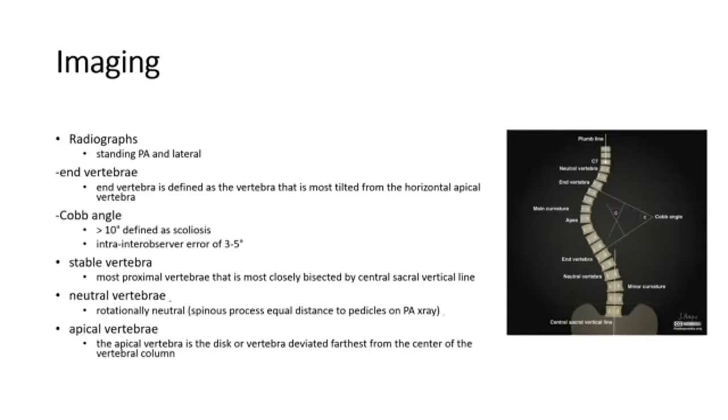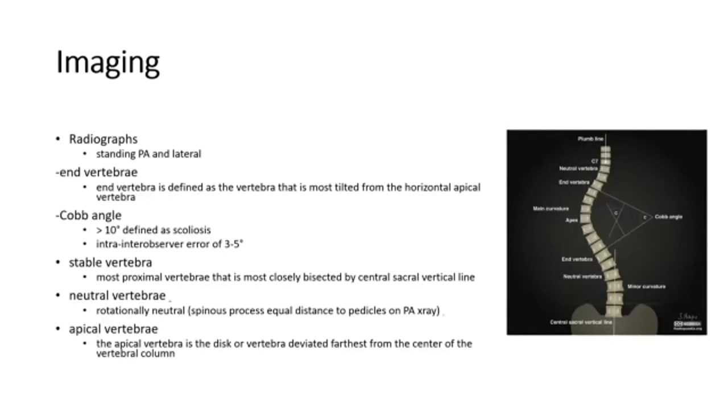And then you have the neutral vertebra, which is rotationally neutral. So here, this is the neutral vertebra, when the spinous process distance to both pedicles is equal. And then the stable vertebra, which is the most proximal vertebra that is most closely bisected by this central line.